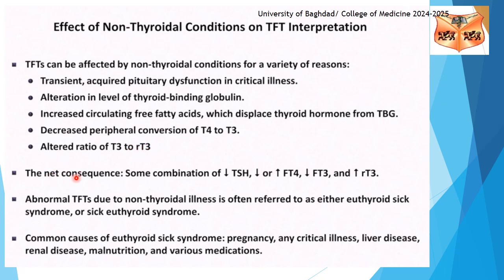The net consequence is some combination of decreased or increased thyroid stimulating hormone, decreased or increased free T4, decreased free T3, and increased reverse T3. Abnormal thyroid function tests due to non-thyroidal illness are often referred to as euthyroid sick syndrome or sick euthyroid syndrome.